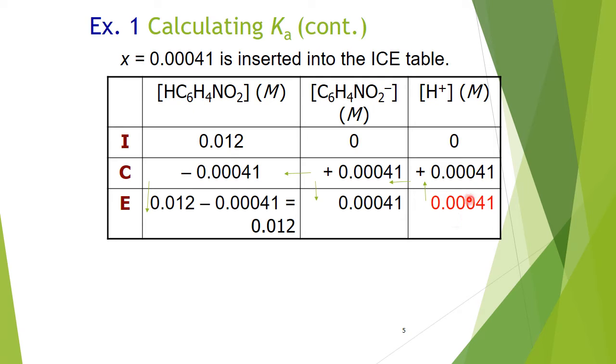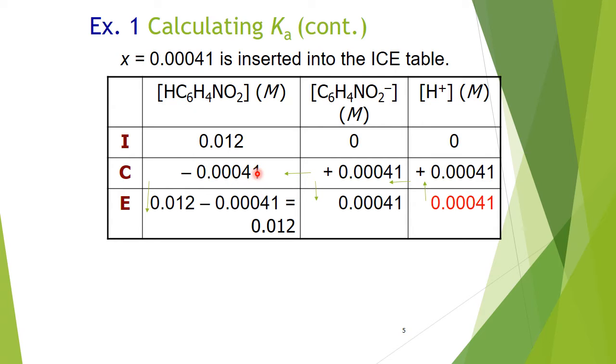Okay, so we put the value there, and what it tells us is how much it's been changed. This has been changed from 0 to this much, so it's been changed by this much. And because there's a one-to-one relationship in the stoichiometry, if there's one of these, there has to be one of these and one of these.